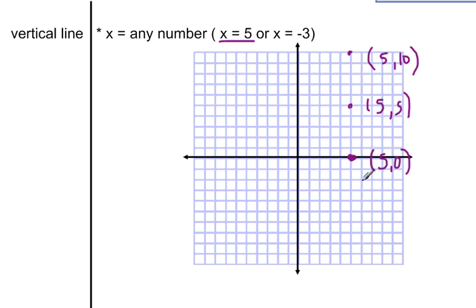The same is true if I went right here. This point is 5, negative 1, negative 2, negative 3, negative 4, negative 5, negative 6. This is 5, negative 6. And what I am forming is a straight line, so it's linear. This is a linear graph, and it is vertical.